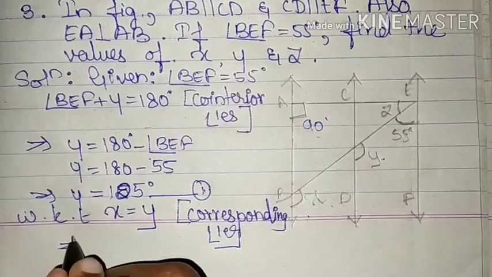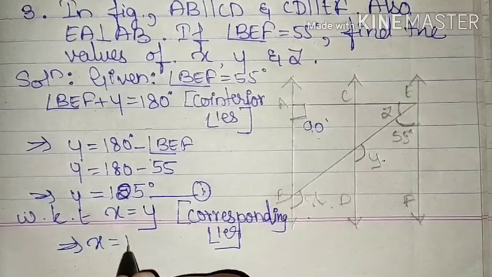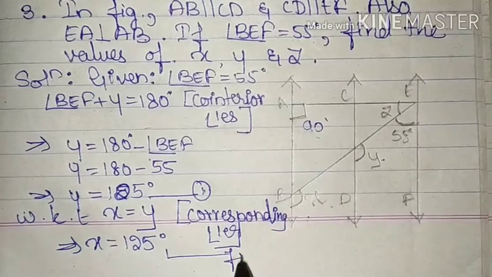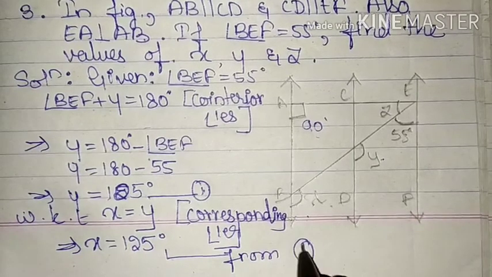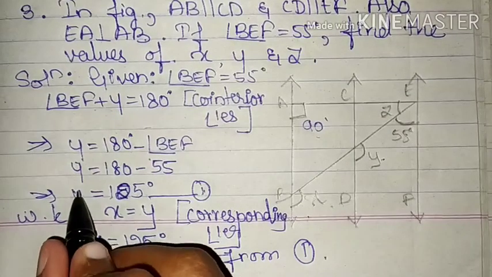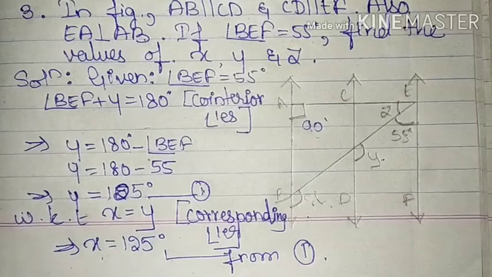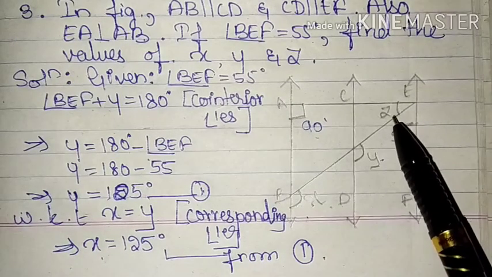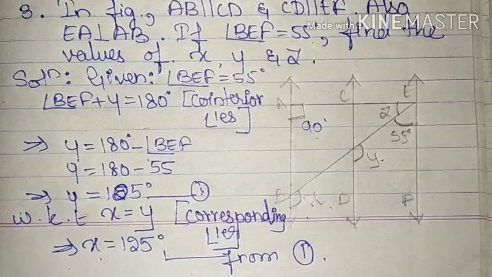This implies X is equal to 125 degrees from result 1. So we got the value of angle Y and angle X, but the only thing remaining for us to find now is the value of angle Z.